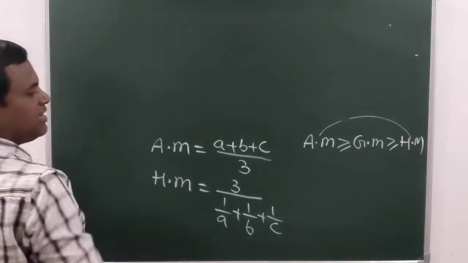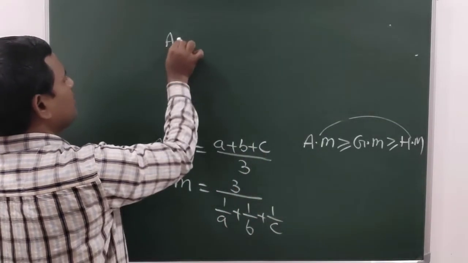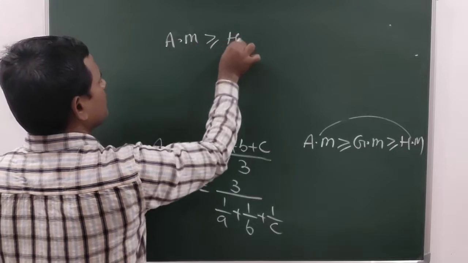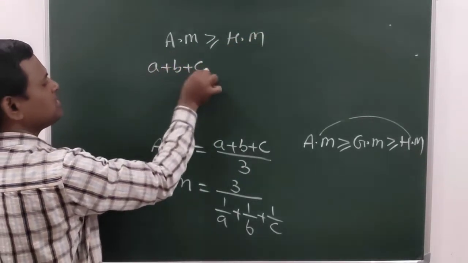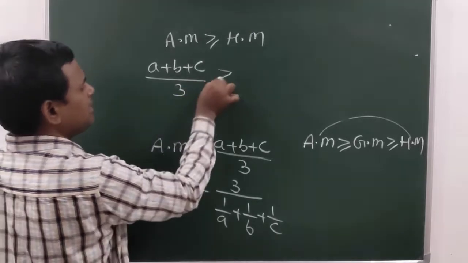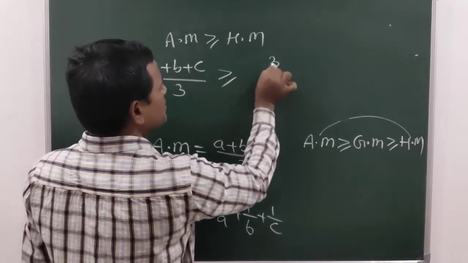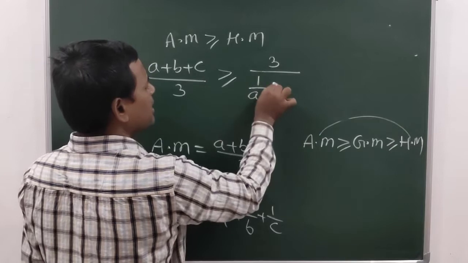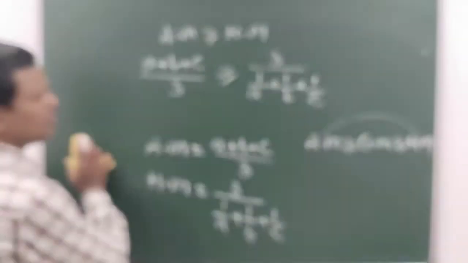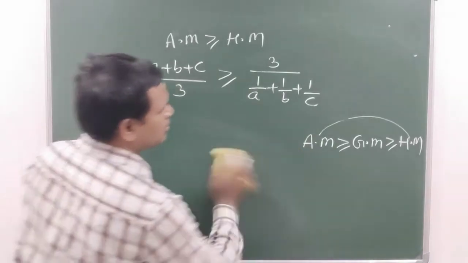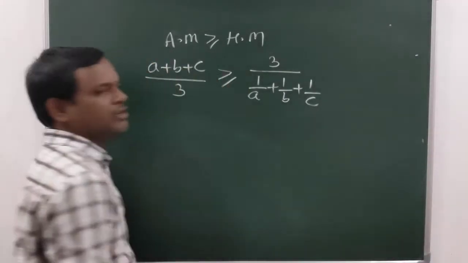If we apply that inequality, AM is greater than or equal to HM, here we get (a plus b plus c) by 3 is greater than or equal to 3 by (1 by a plus 1 by b plus 1 by c). Now cross multiply.